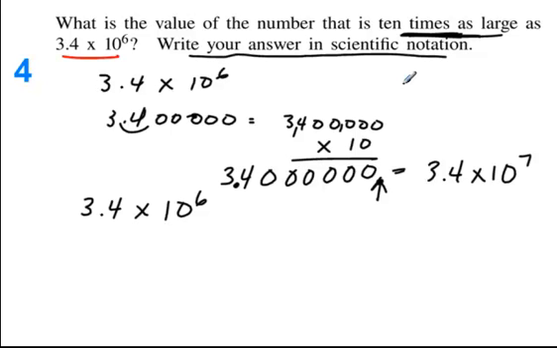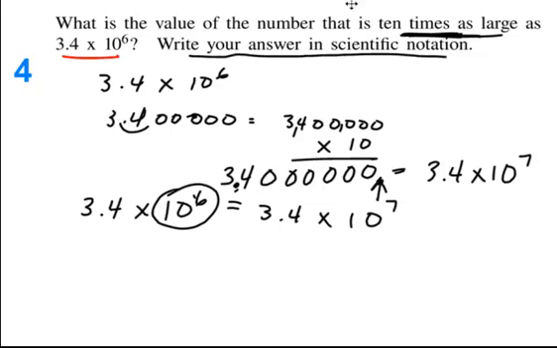Now we move decimals. Well, isn't this the part that tells me I'm going to move the decimal? Yeah. So if I'm moving the decimal 6 places to the right now, and yet my number is going to be 10 times larger, 10 times larger means another 10, right? Or one more jump. So really, this would be 3.4 times 10 to the 7th. When I multiply by 10, I just have one more jump.